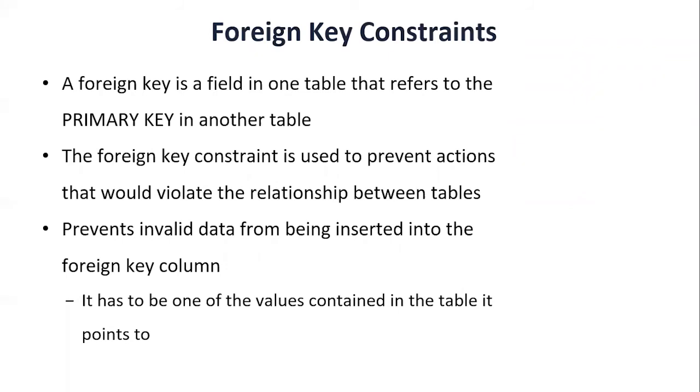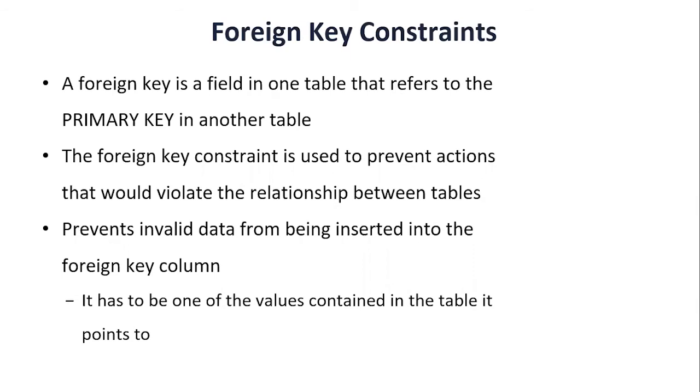And when we say foreign key constraints, that is a certain constraint or a rule that we define using SQL to prevent actions that would otherwise violate the relationships between the tables.